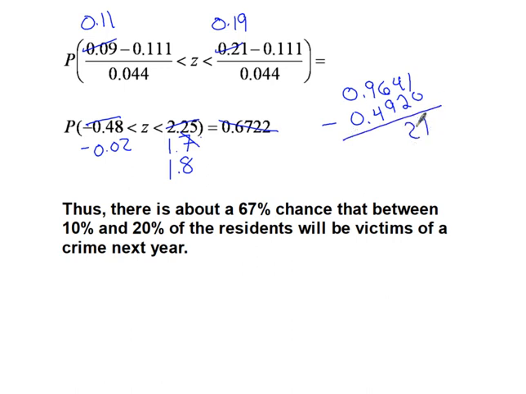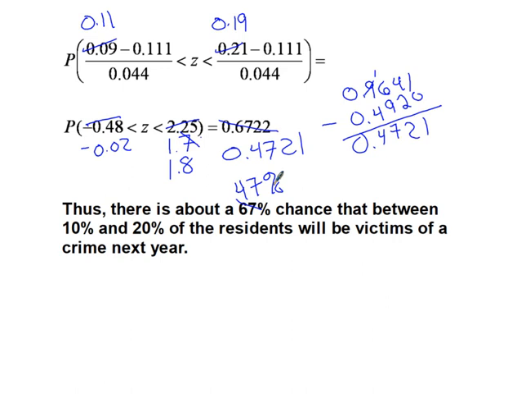Okay, so that's going to leave us with, let's see here, about 0.4721. Okay, so there's about a 47% chance that between 10% and 20% of the residents will be a victim of a crime next year. So a percent of a percent.